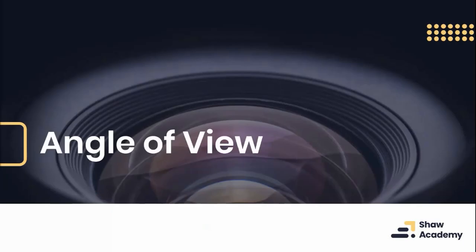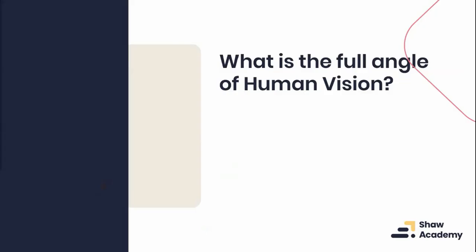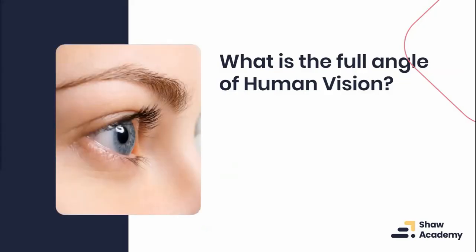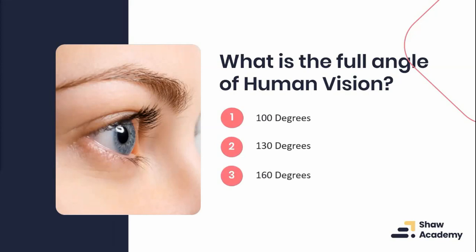Let me ask you a question when it comes to angle of view. What is the full range of human vision? So I want you to think about this and I'll give you some options here. What is the full angle, I should say, of human vision? Is it 100 degrees? Is it 130 degrees? Is it 160 degrees?